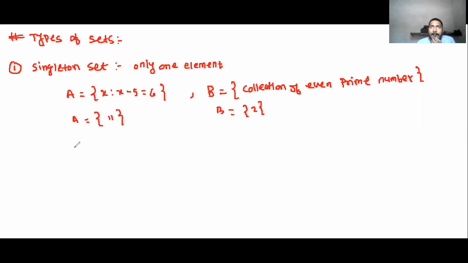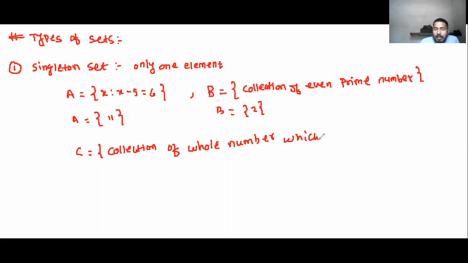Let's suppose set C is the collection of whole numbers which are not natural numbers. That is 0.